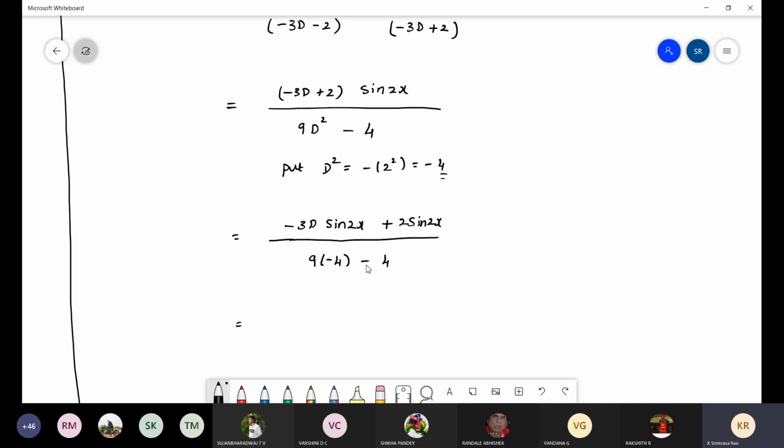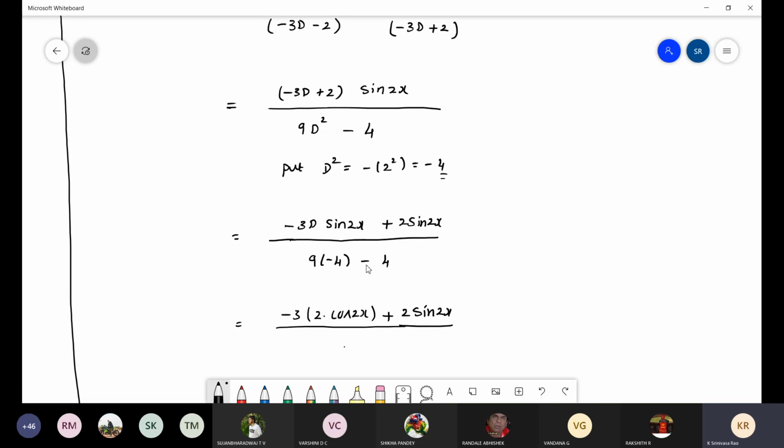And this gives minus 3 into the differentiation of sin 2x. D into sin 2x is nothing but differentiation. Differentiation of sin 2x is cos 2x into 2, that is 2 times cos 2x, plus 2 sin 2x, divided by, this is minus 36 now.